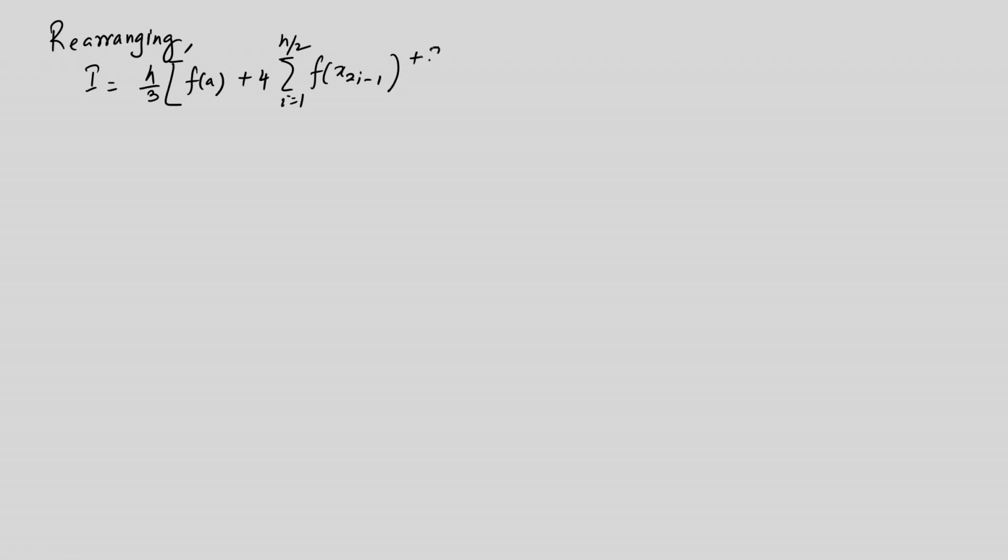So, this can be written on a fresh page. If you rearrange, then you get h over 3 times [f of a plus 4 times the sum over i equal to 1 to n by 2 of f of x_{2i-1} plus 2 times the sum over i equal to 1 to n by 2 minus 1 of f of x_{2i} and then f of b].